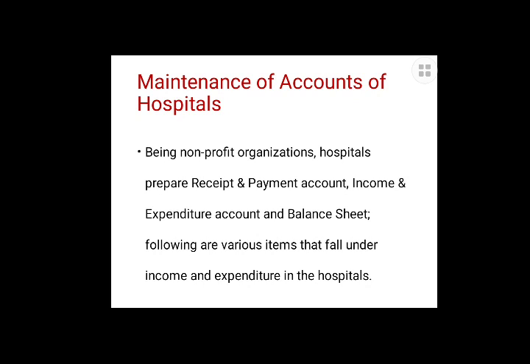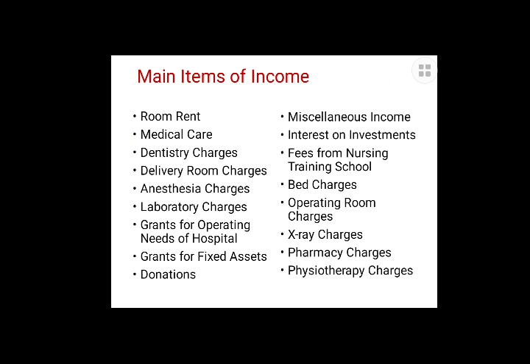Being non-profit organizations, hospitals prepare receipt and payment account, income and expenditure account, and balance sheet. Now let us discuss the different items that fall under the income and expenditure in the hospitals. Here are some of the items of income.